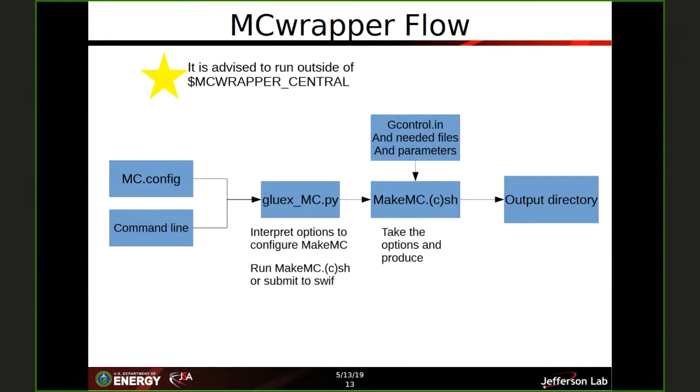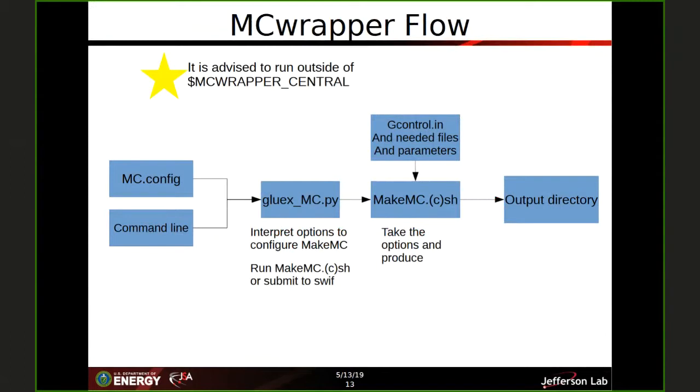Basically the make MC script is the engine of everything. It takes in things like gcontrol. This is just a templated control.in file from Richard's examples from a long time ago. It also finds the other files it needs to get the job done. Maybe they're the parameters.